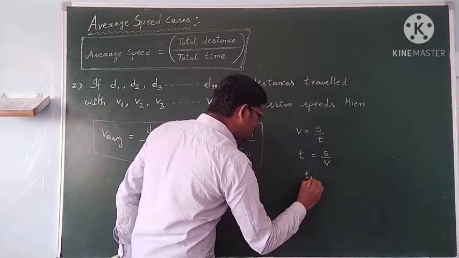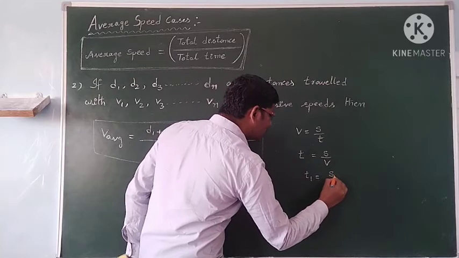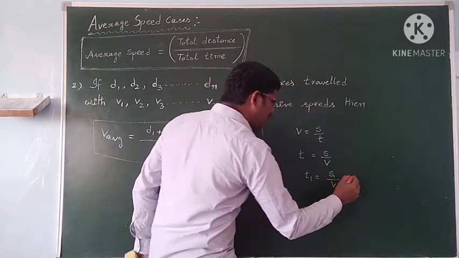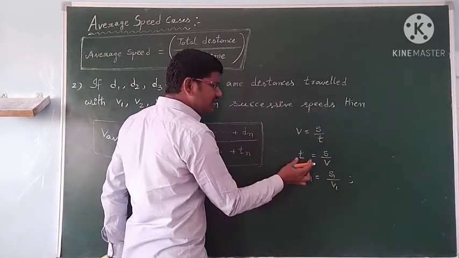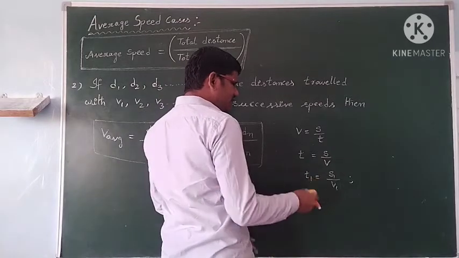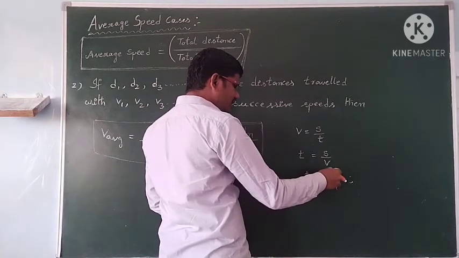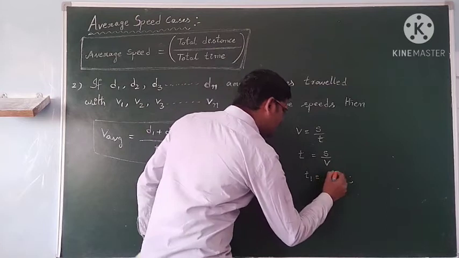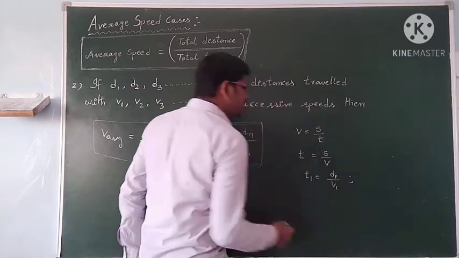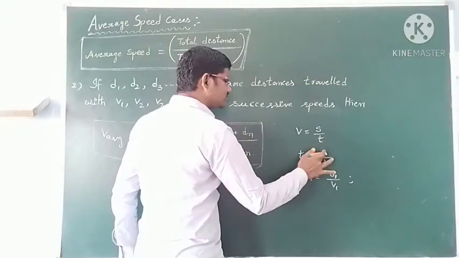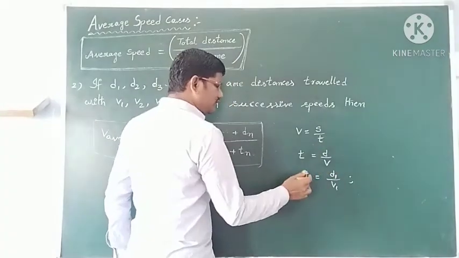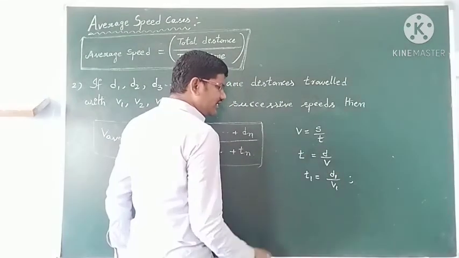If it is t1, you will get s1 by v1. So t1 is the time taken to travel some distance d1.